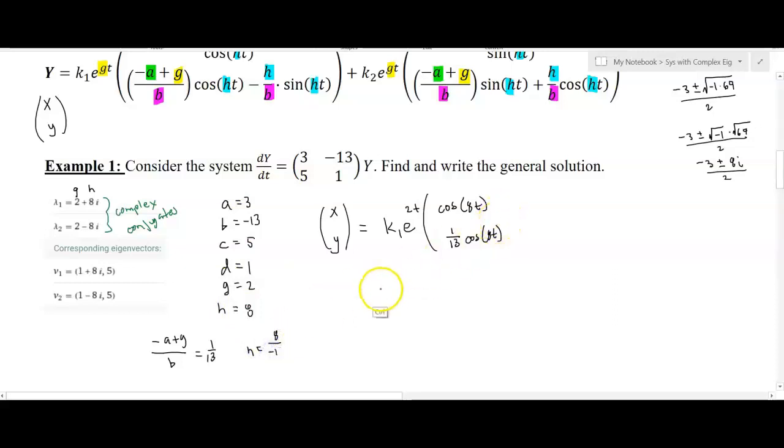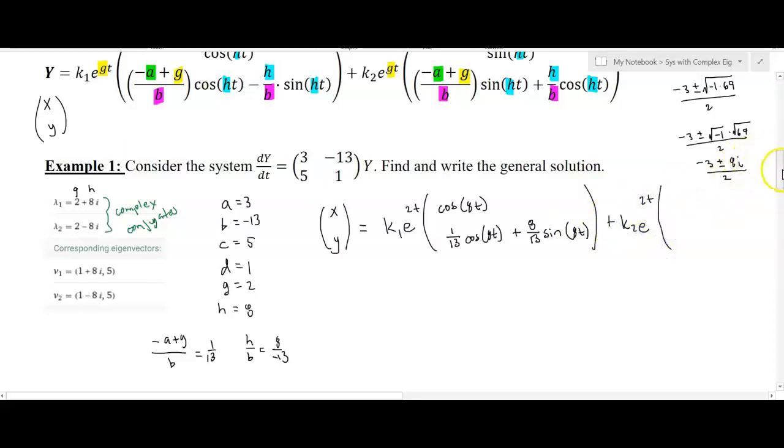So h over b is going to be 8 over negative 13. So here we're subtracting it, minus h over b, so this will be plus 8/13 sine of 8t. And that completes that term, plus k2 e to the 2t, g is 2.